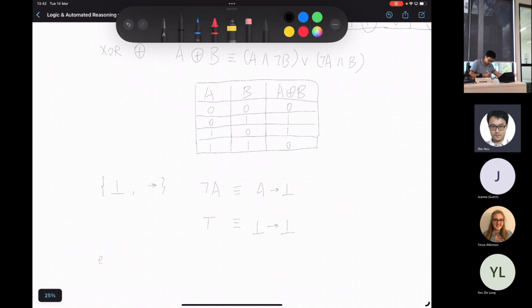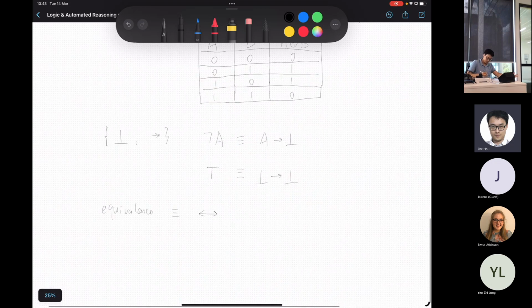It's called equivalence. Sometimes we write three bars, sometimes we write a left and right arrow combined.